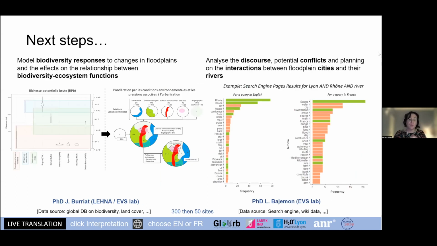And of course, there is the PhD thesis of Juscelin Myria to explore the effect of urban growth and changes in floodplains on biodiversity and the functioning of ecosystems, and also the interaction between city and rivers via modeling, using the data analysis from the web.